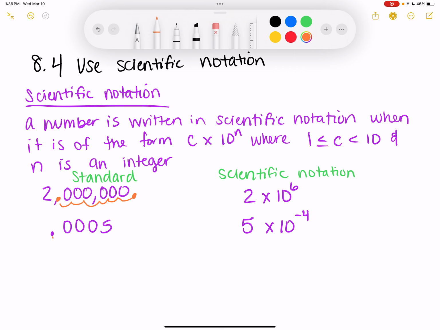So it goes 1, 2, 3, 4, and I put it there, and so this becomes 5. And then times 10 to how many spots I moved it to the right, and I moved it 4, so it gets the negative 4. So if it's a small number, then it has a negative exponent. If it's a really big number, it's a positive exponent.